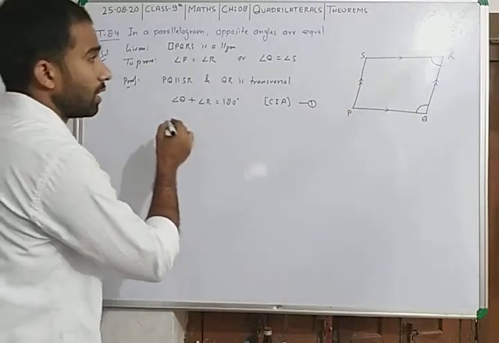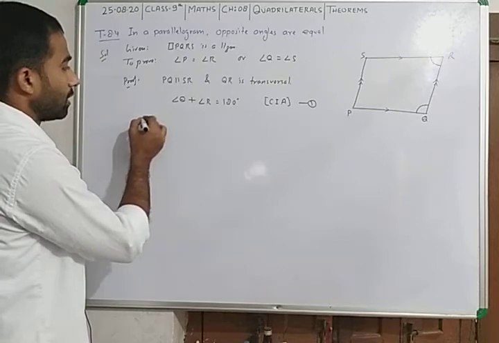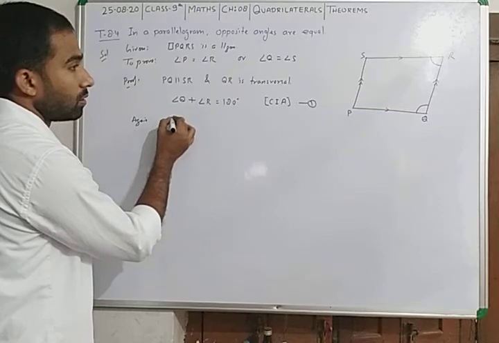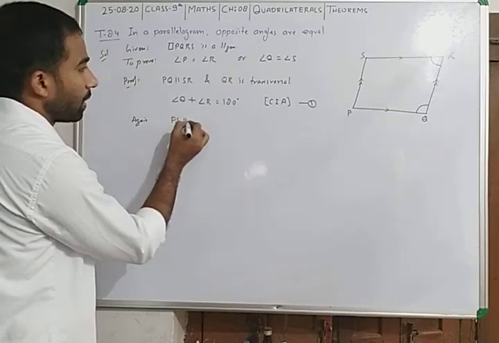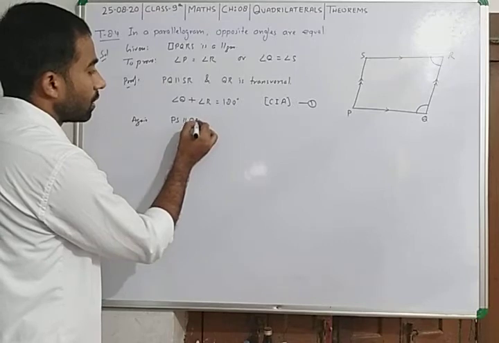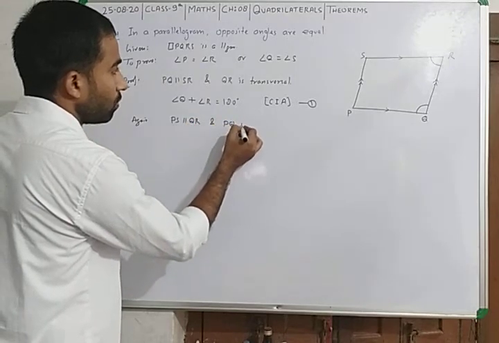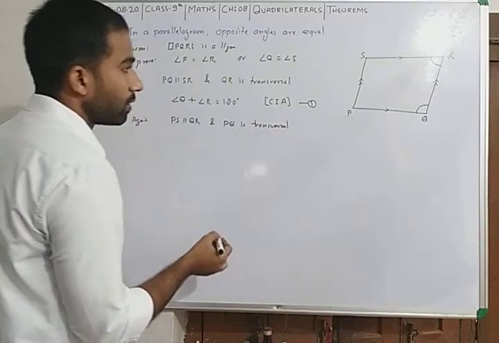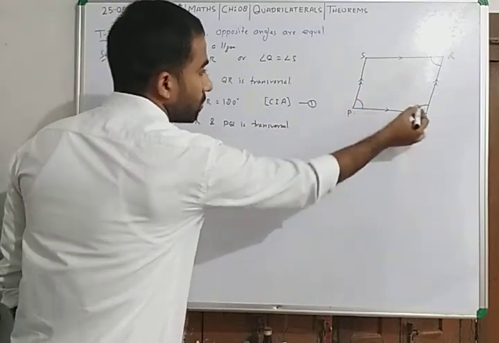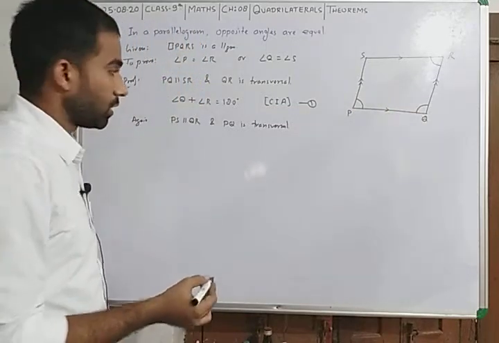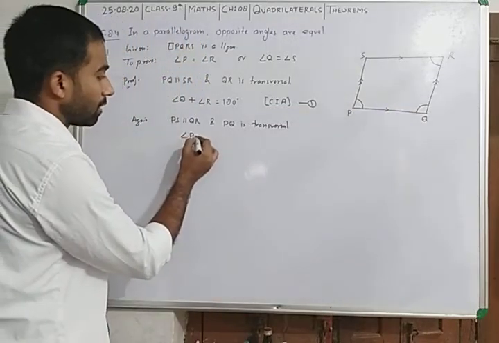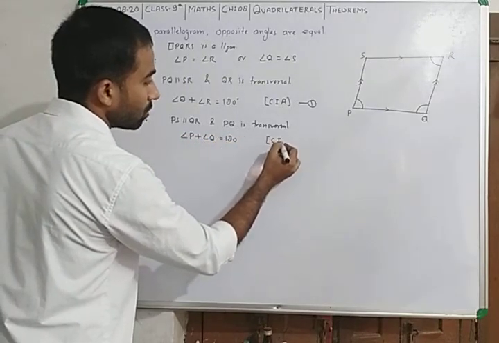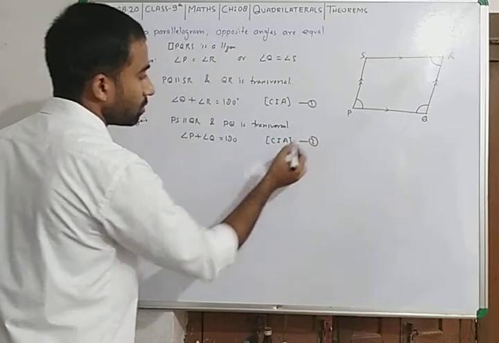Again we will consider these two sides as parallel. PS is parallel to QR and PQ is transversal. So these two angles are also equal to 180 degrees. So here we can write angle P plus angle Q is equal to 180 degrees by co-interior angle, say equation 2.